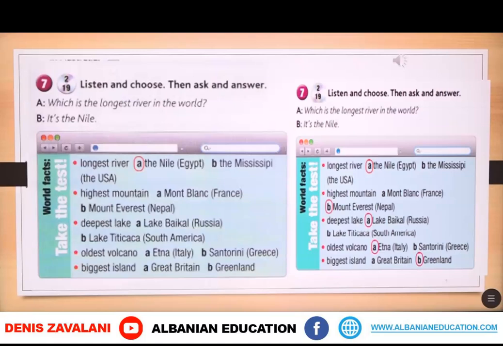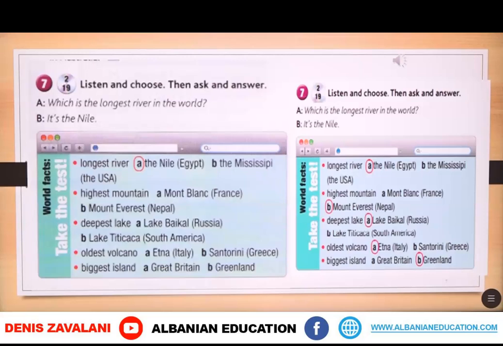Correct. Which is the highest mountain in the world? Mount Everest in Nepal. Also correct. Now, which is the deepest lake in the world? I know that. Lake Baikal. And it is in Russia. Correct. Which is the oldest volcano in the world? No idea. Etna? Correct. And finally, which is the biggest island in the world? Greenland. That's right. You did great.